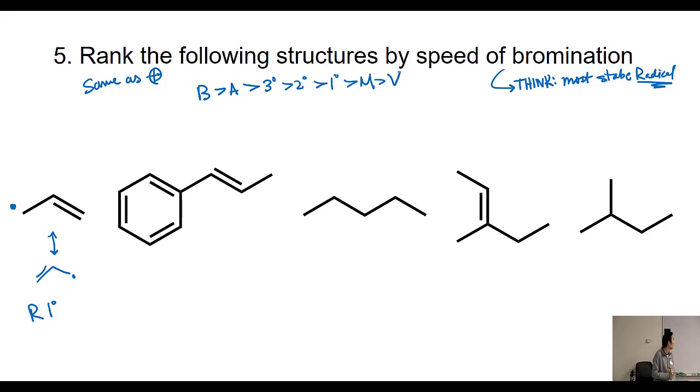Alright. So here I have a resonating. Here, what do I have? It's a benzylic. I put a radical there, but it is benzylic, because look. So this is actually benzylic. This is going to be benzylic secondary / primary, right?